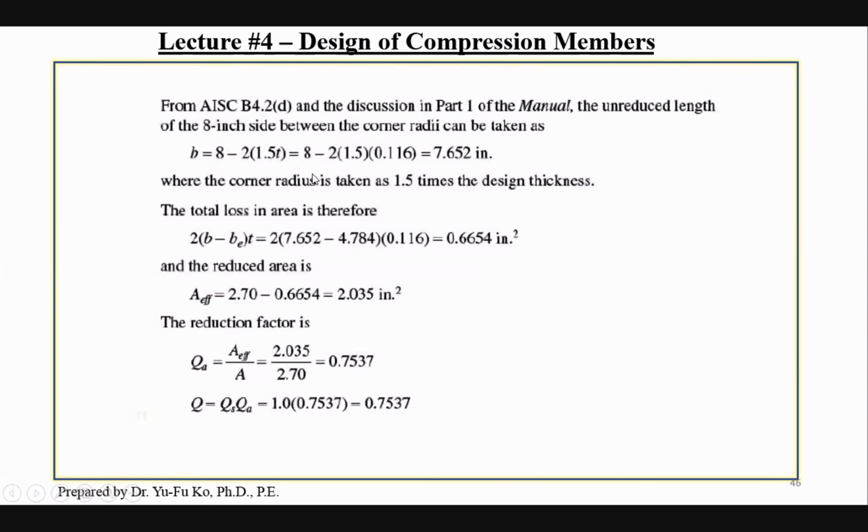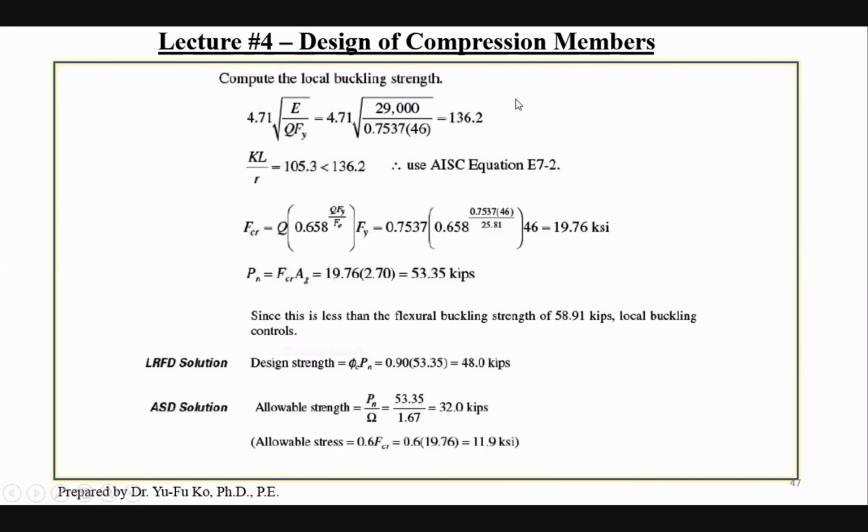So with that, you can calculate local buckling strength by plugging the Q factor into the limit at the separation point between elastic and inelastic global buckling as before, but now you need to put the Q factor in here.